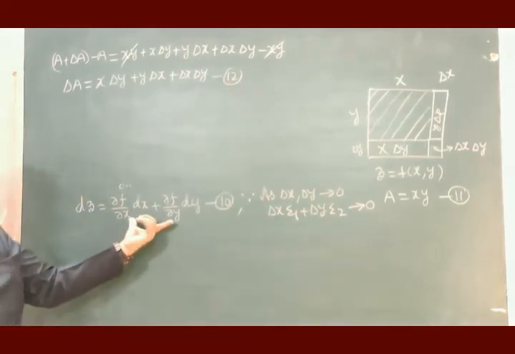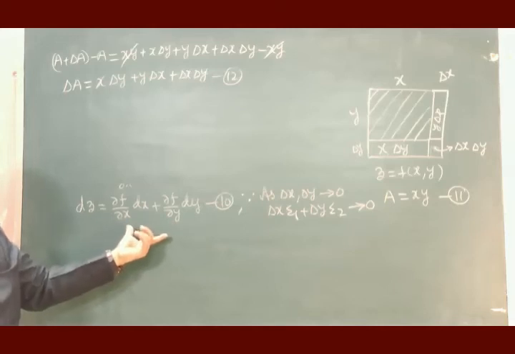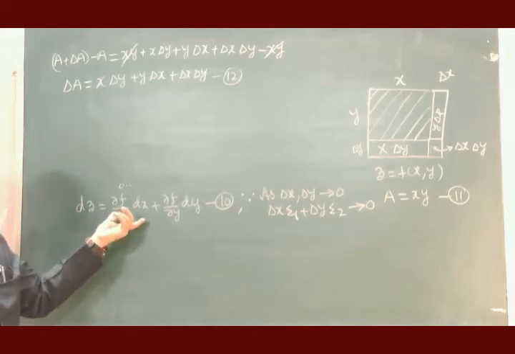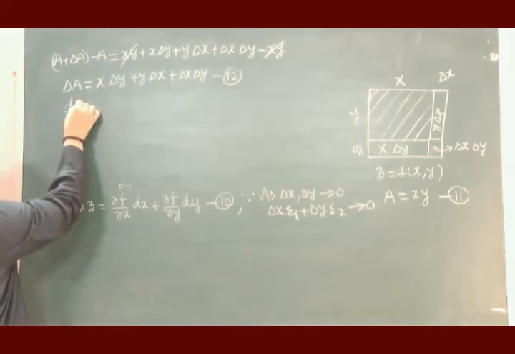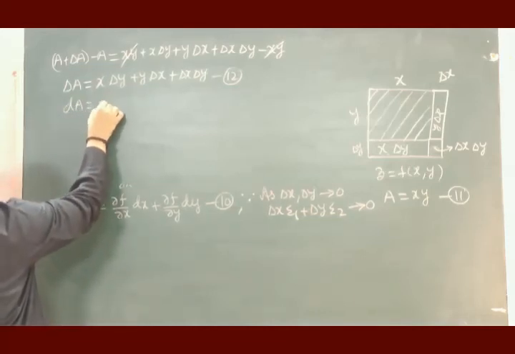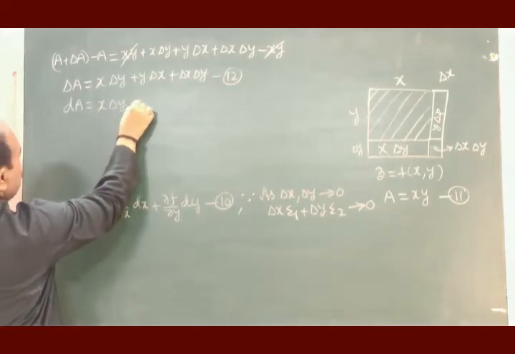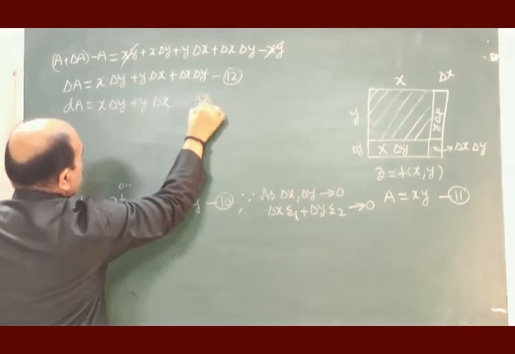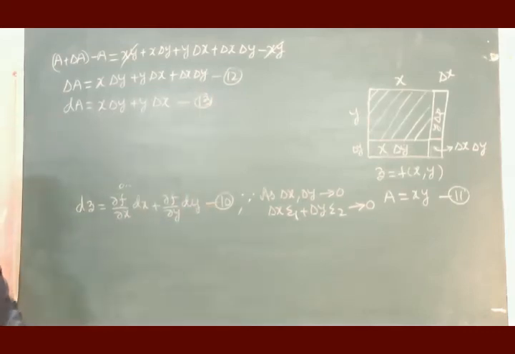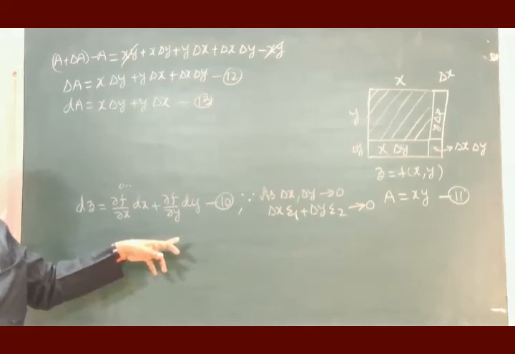Now, if we apply this approximated formula, dA will be equal to x delta y plus y delta x, equation number 13. This is the approximated formula for the total differentiation.